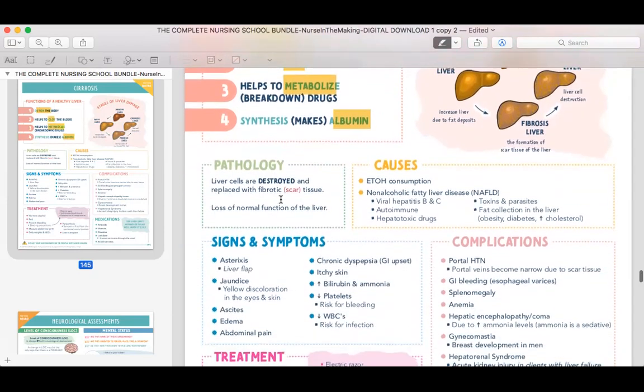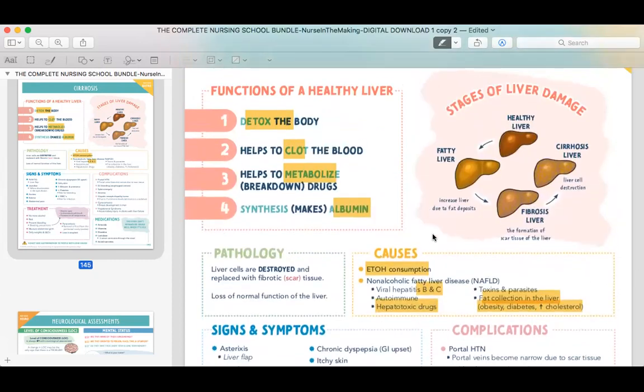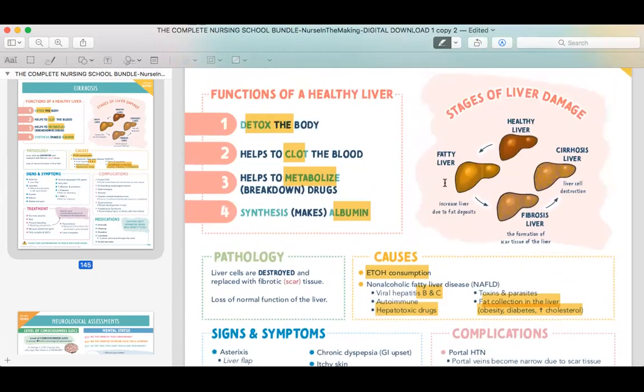If the liver is destroyed because of, let's say, chronic alcohol consumption, or because of hepatitis B or C, mainly C, or because there's fat collection in the liver because of increased cholesterol, obesity, or diabetes, or if you have been taking drugs that affect the liver, such as acetaminophen, very toxic to the liver, then you are damaging your liver.